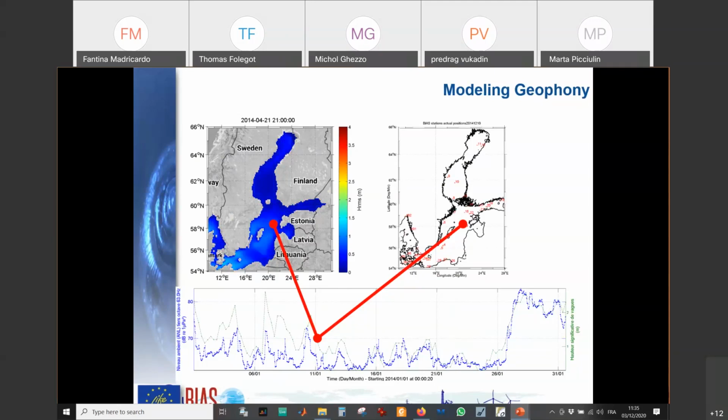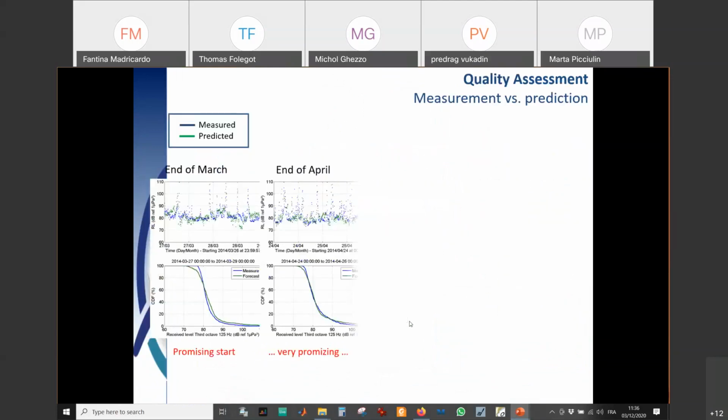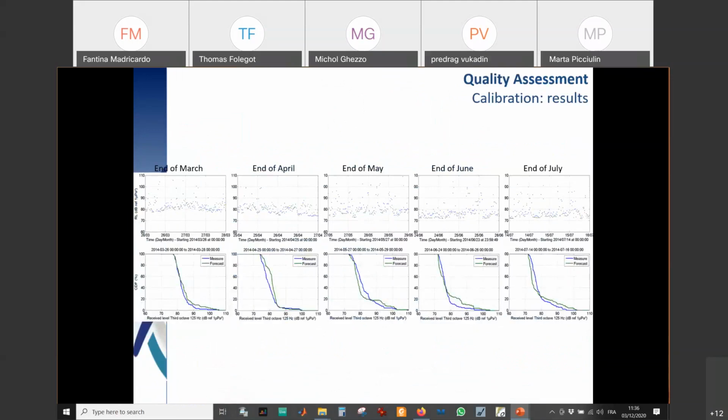And another question was, when you do the calibration, you practically change the bottom characteristics. Exactly, yes.